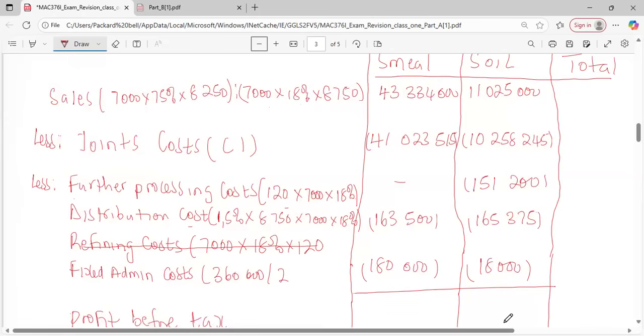I got 1,966,985. Anyone who got for S oil?